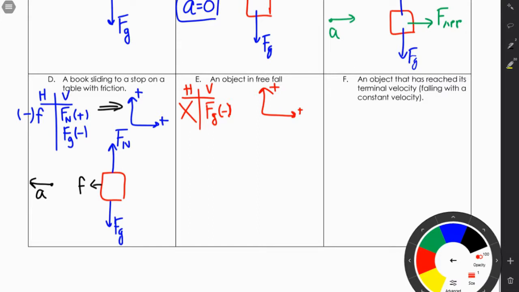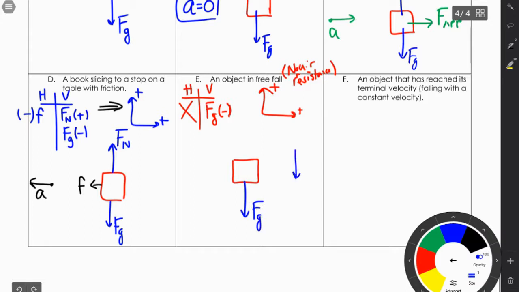Okay, and we're talking about in free fall, which we say no air resistance, right? So no air resistance. Okay, so that's why we don't have anything but Fg there. Right, so here's our object, Fg, right? The force of gravity, and our acceleration would be directed downward.